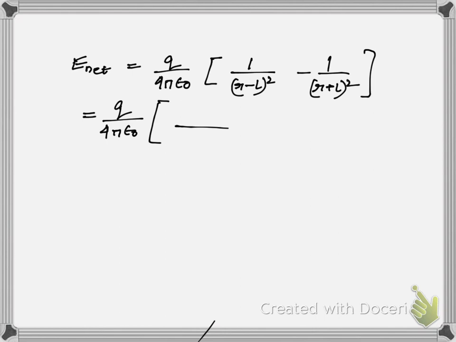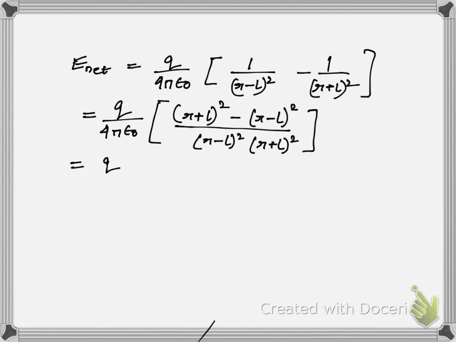So what will be the LCM between the two quantities? R minus L whole square into R plus L whole square, and so it will be in the numerator R plus L whole square minus R minus L whole square. Now you need to just open up the bracket in the numerator.